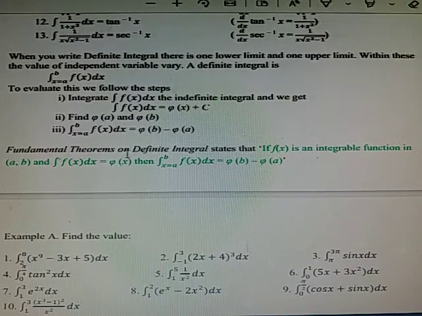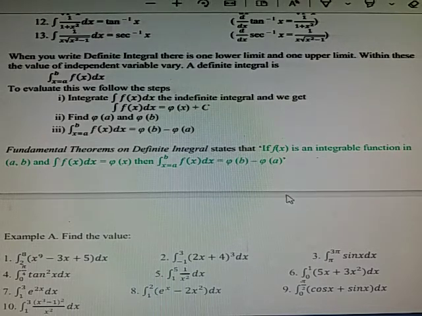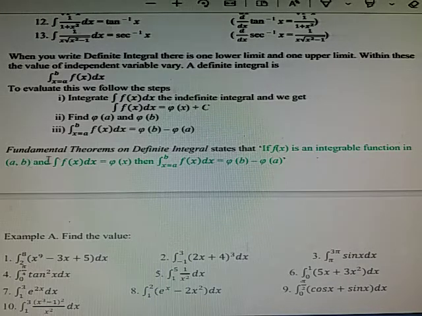This is the statement: the integration of fx dx from a to b is equal to phi b minus phi a, when the integration of fx dx is equal to phi x. So this is our explanation for finding a definite integral.